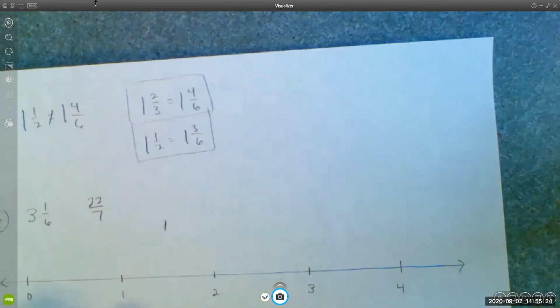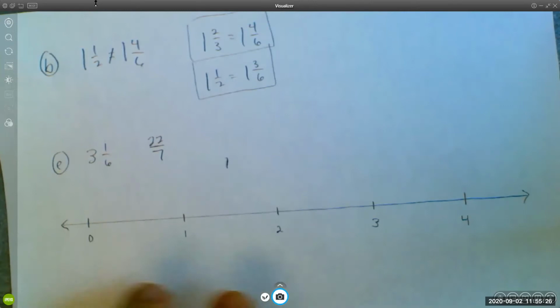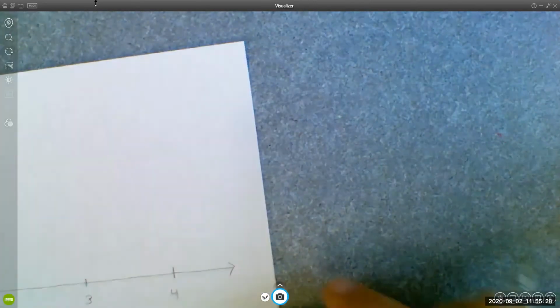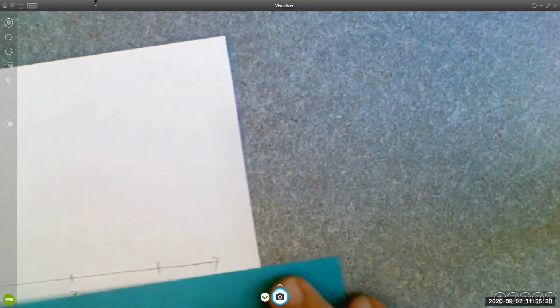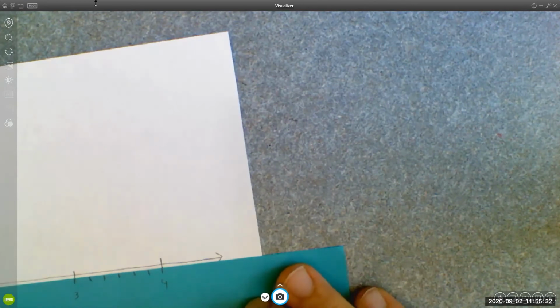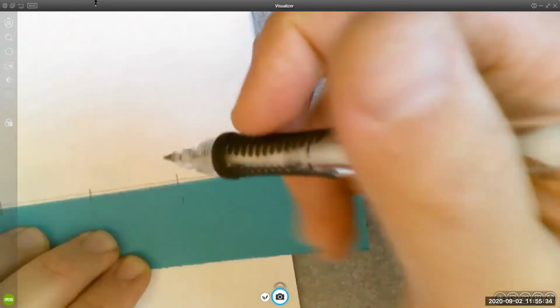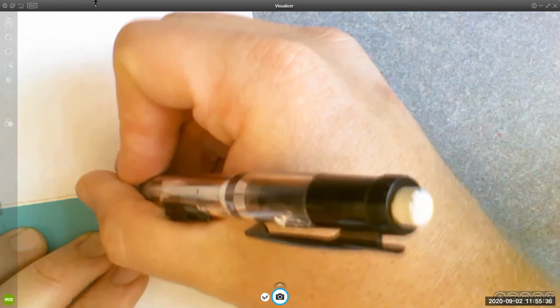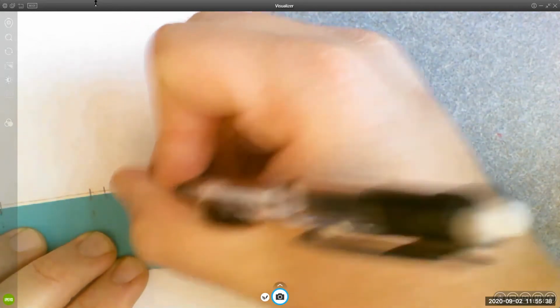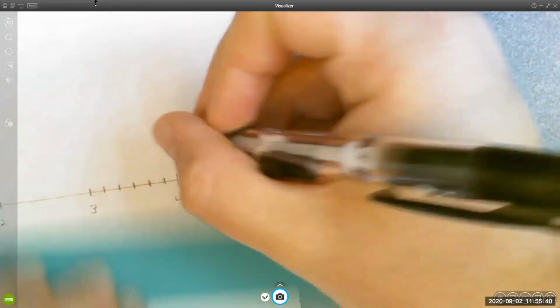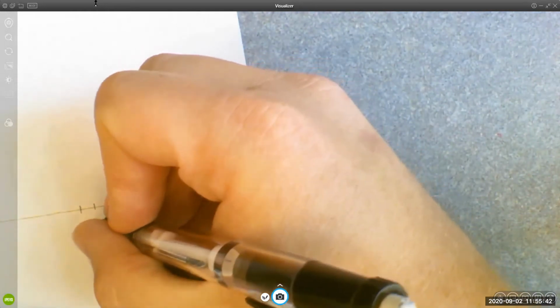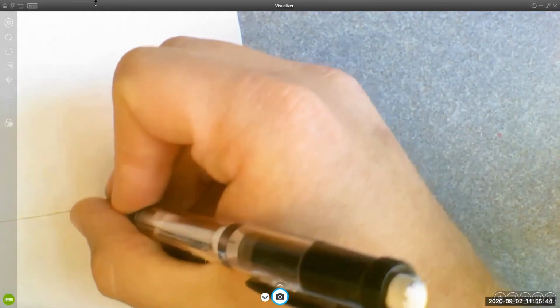Yeah, this space over here is a lot wider than these other ones. I think it's because I probably didn't get my corner perfectly lined up on my ruled paper when I was making my number line. But anyway, this will do the trick. So this right here is 3 1/6, right? That's that number right there.